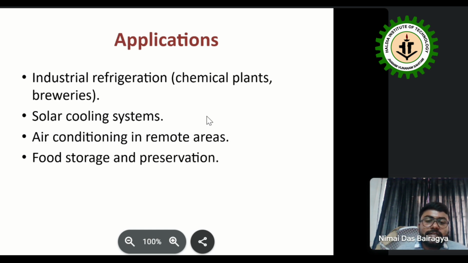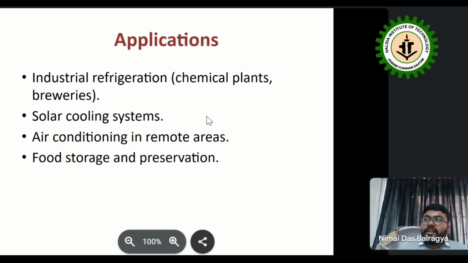And applications. These are various types of applications of this vapor absorption refrigeration system. At first, industrial applications like chemical plants, breweries, or many types of processing plants. We can also use this system in solar cooling systems.